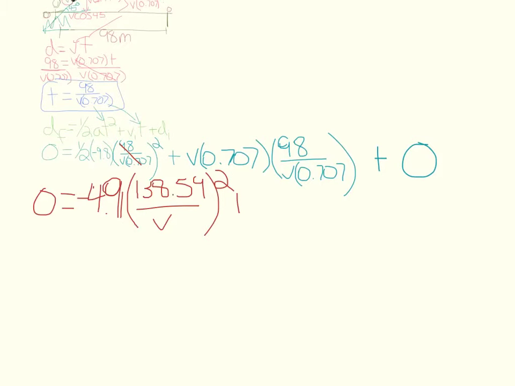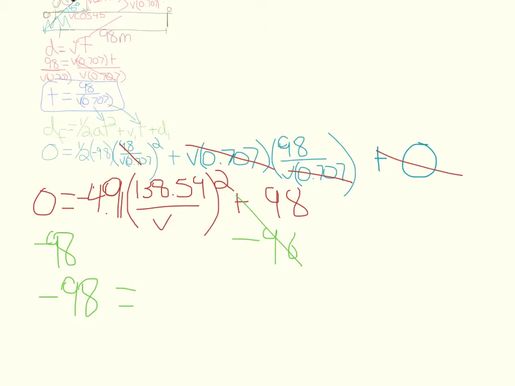And then plus, since v times 0.707 can be put over 1, we just know that those cancel out, so we have plus 98, and then the 0 just goes away. Okay, and then next, we can subtract 98 from both sides.